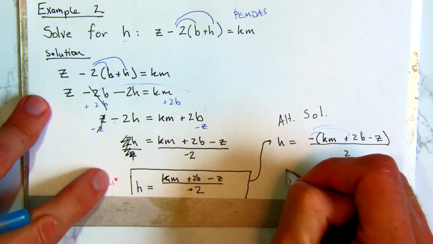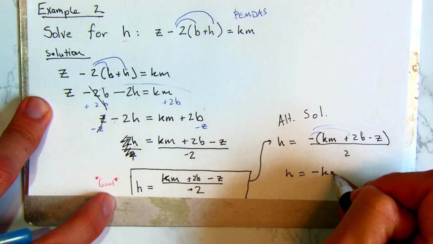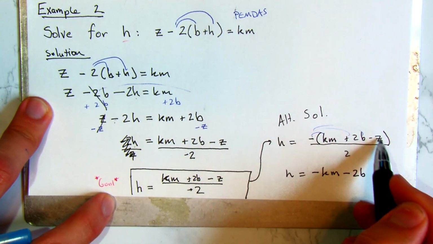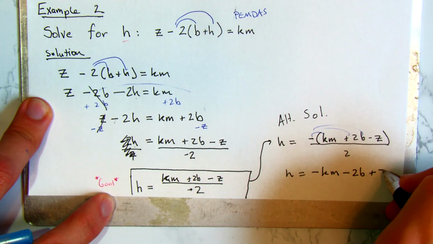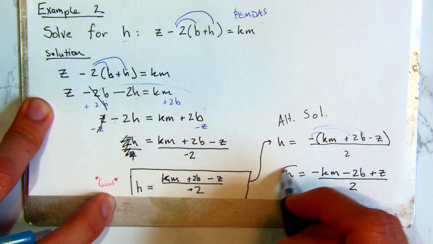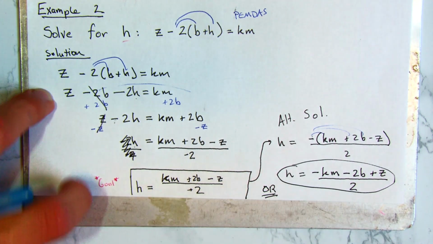And so an alternate solution would be h equals -km minus 2b, and then negative z is plus z, over 2. There's your alternate solution. Either one is correct.